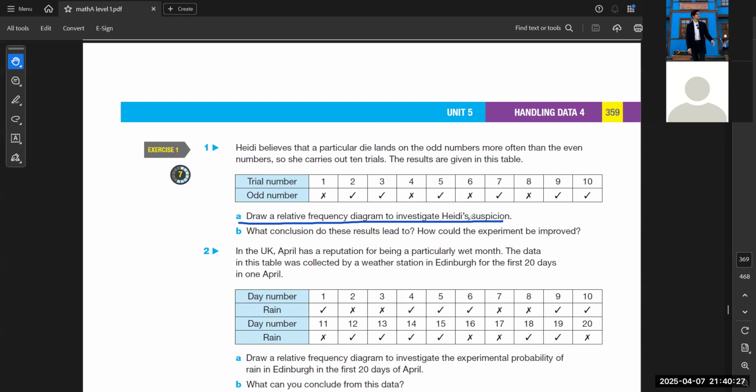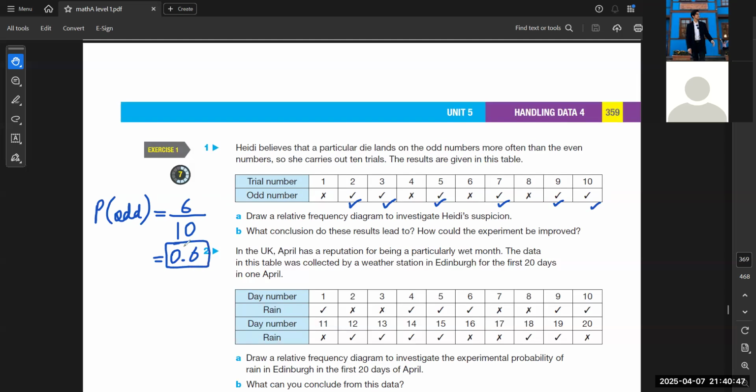Draw a relative frequency diagram. This is pointless. You're never going to be asked to do this in the exam. However, you can find out the probability of getting an odd number by calculating how many times you got an odd number: 1, 2, 3, 4, 5, 6, divided by how many times you tried, 10 times, which means the probability of getting an odd number is 0.6.